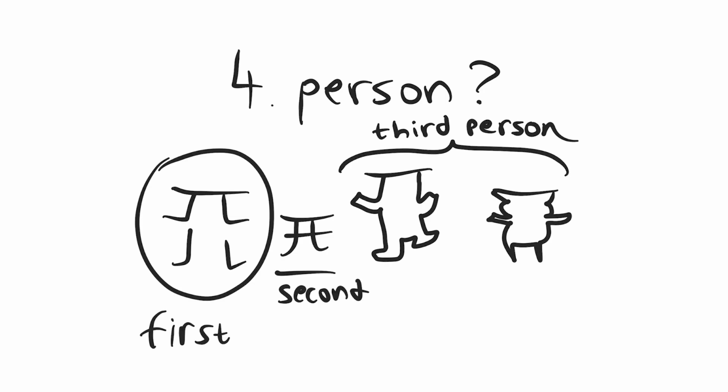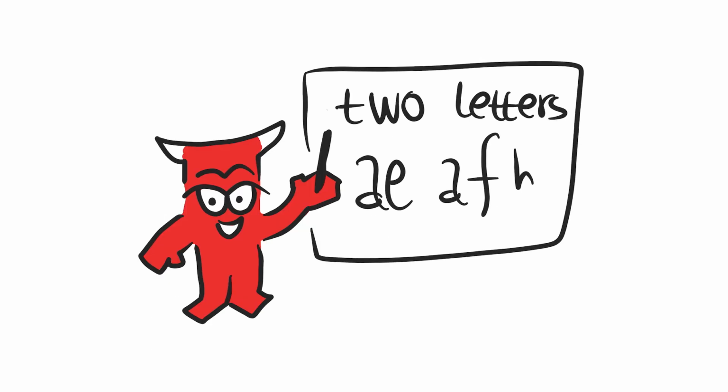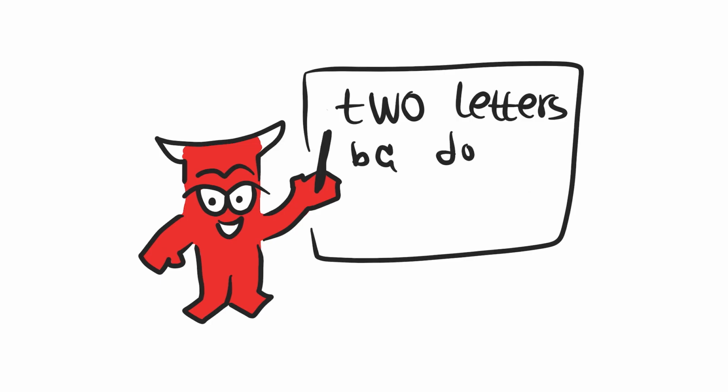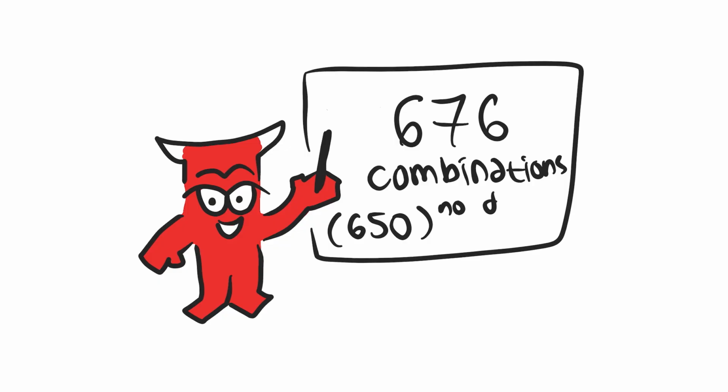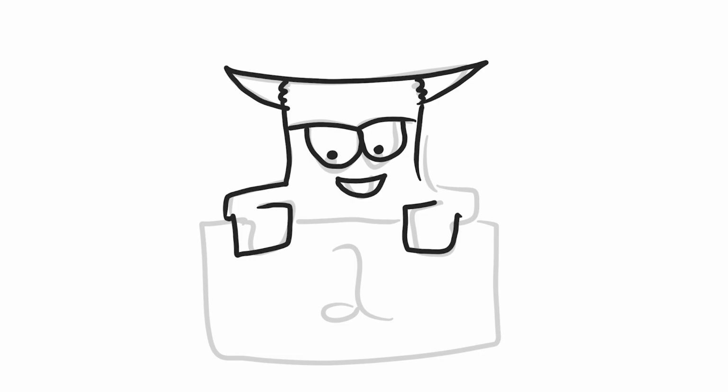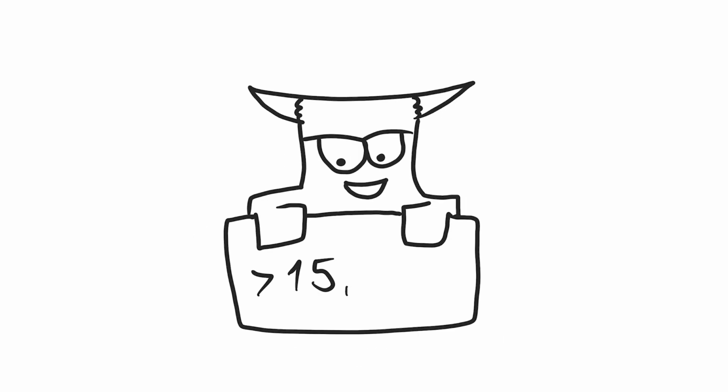Now you should make the words for the pronouns. The best way to do it is by trying to use a 2-letter system. It will give you 676 combinations, including 2 identical letters, but 650 if you want only unique combinations without double letters. Choosing a 3-letter combination can result in more than 15,000 unique combinations.